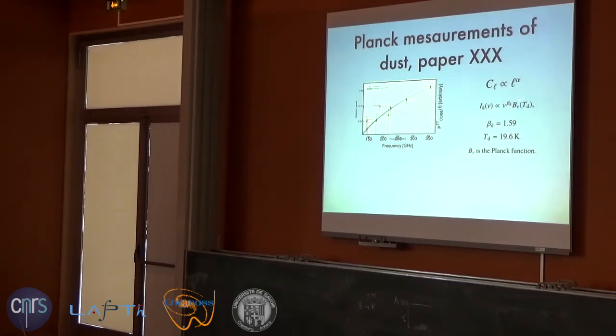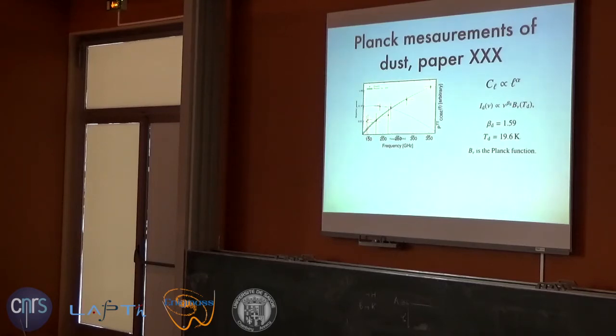This B here is the black body spectrum. Nu is the frequency, clearly. So the frequency spectrum of the dust radiation is given by a black body spectrum modified with a frequency to the power beta, which is given here.